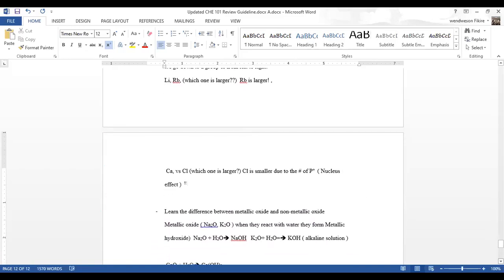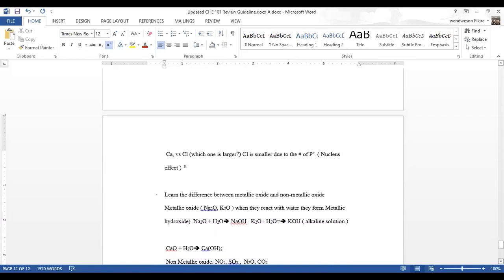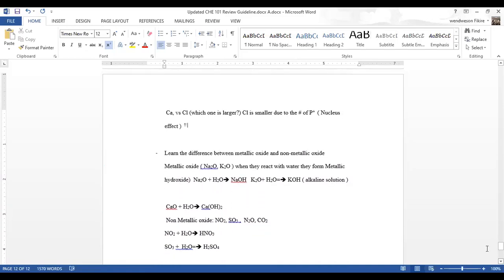Learn the difference between metallic oxide and non-metallic oxide. We discussed this. Metallic oxides like sodium oxide and potassium oxide are metallic oxides due to the fact that they're made from metal. So how do we identify metallic oxide from non-metallic? Metallic oxides, when they react with water, form alkaline solutions. Non-metallic oxides, when they react with water, form acidic solutions.